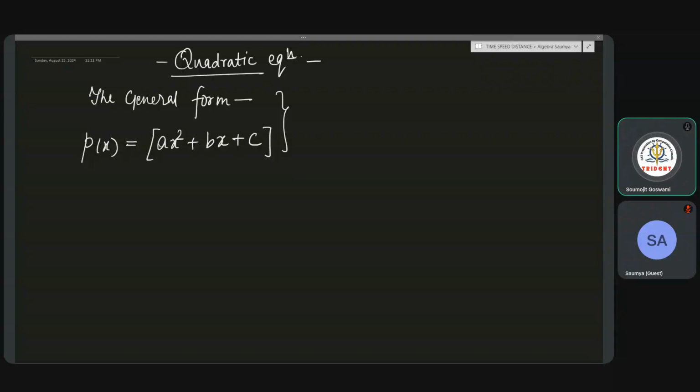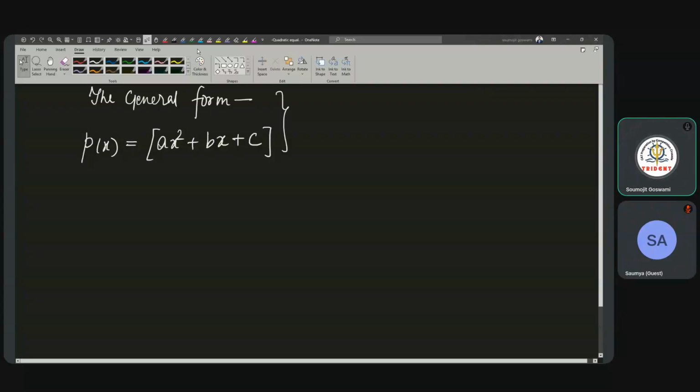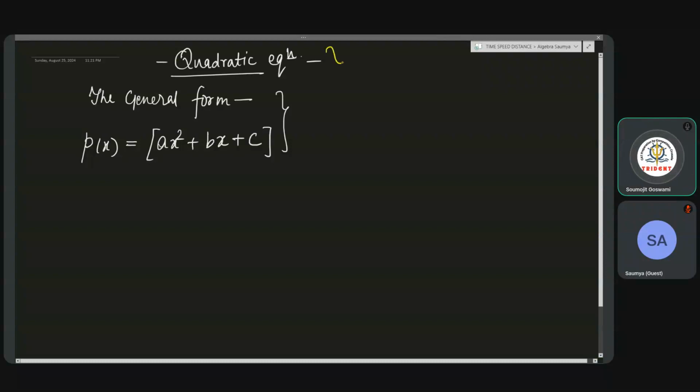Just give me like 1 second, yeah. Okay, chalo, I don't see the questions there. I'll probably take it from the modules anyways. Let's not waste our time.